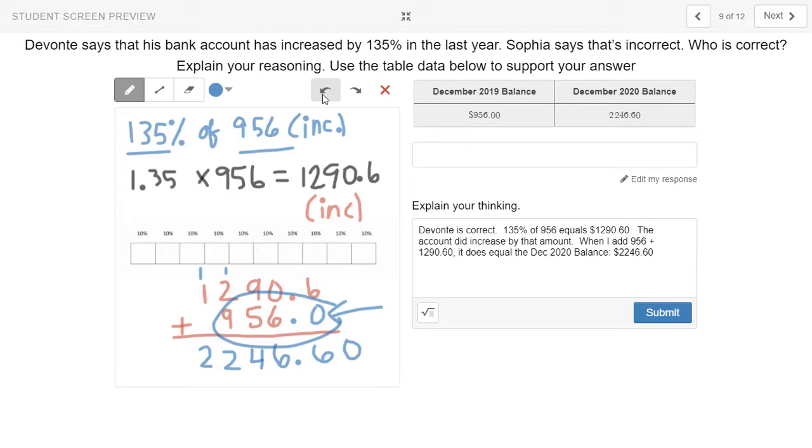Or you could just do it in one step. If you need to know the final balance and you know you're going to add the whole amount on, so add another 100% of the 956, 235% times 956 would equal $2,246.60. And if you look at my answer, I did say that Devante is correct.